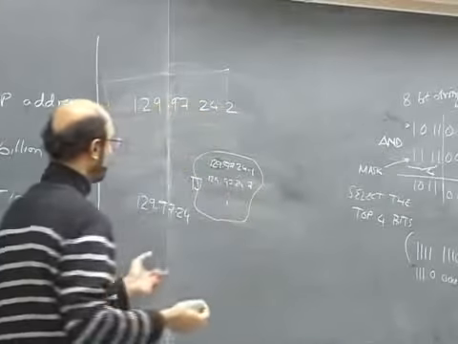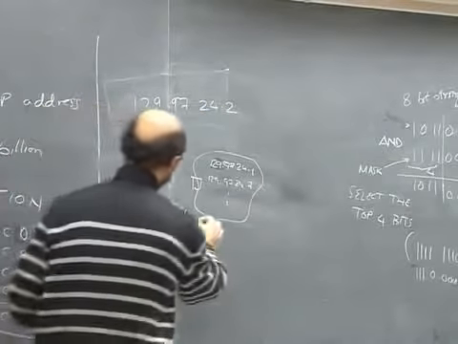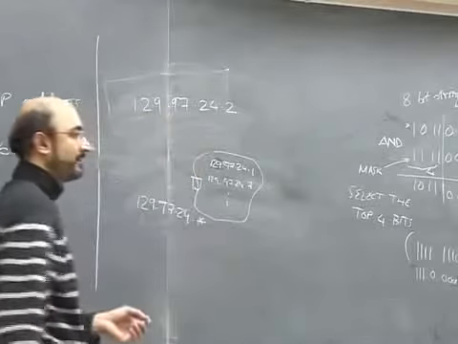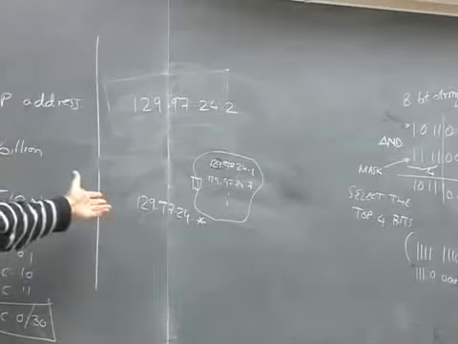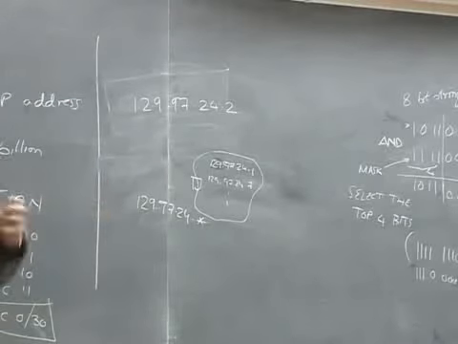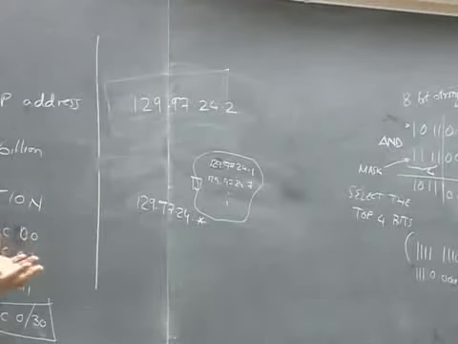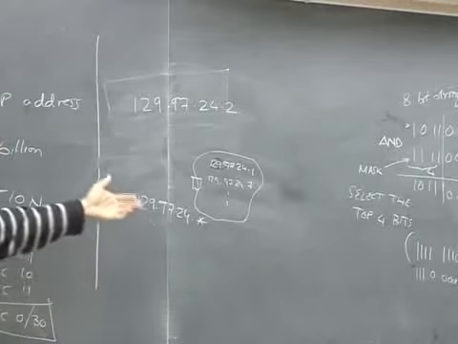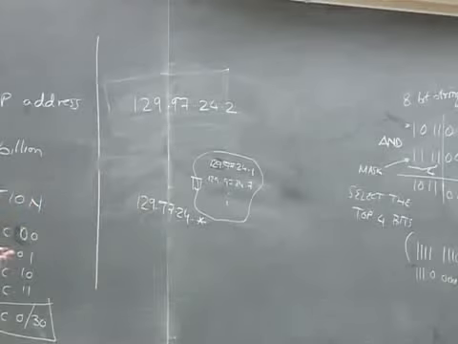There are some other numbers, but they're all starting with the same prefix, which is 129.97.24, so it's .star, right?